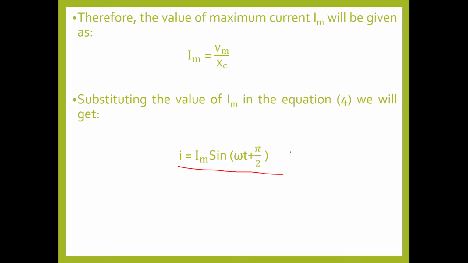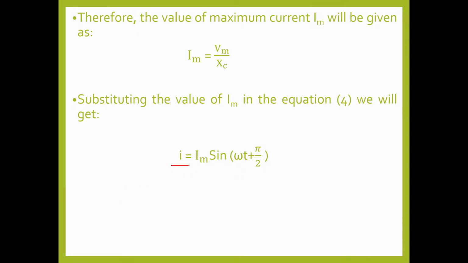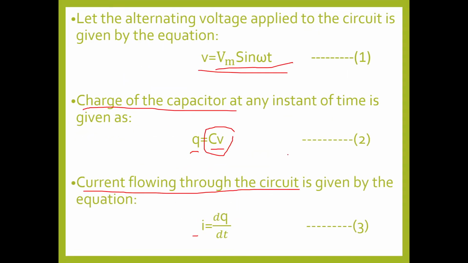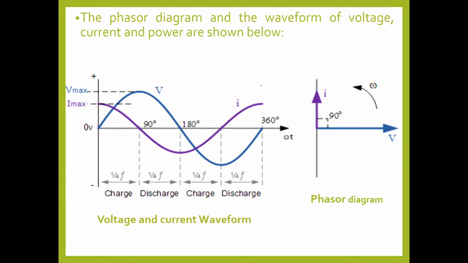It will lead the voltage by an angle of 90 degrees. So here you can see plus pi by 2 you have. If you compare the current and voltage equations, current equation, I is equal to Im sin omega t plus pi by 2. What is the voltage equation? V is equal to Vm sin omega t. Okay, so current is leading voltage by an angle of 90 degrees.